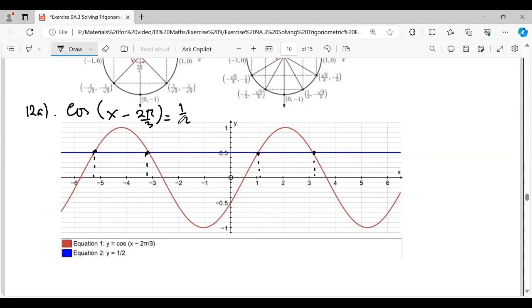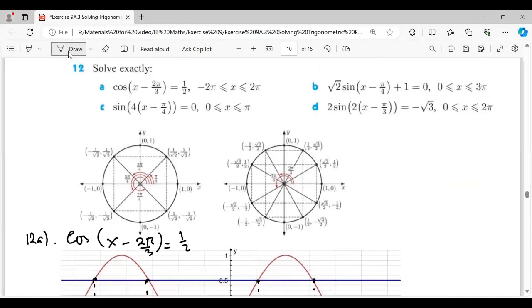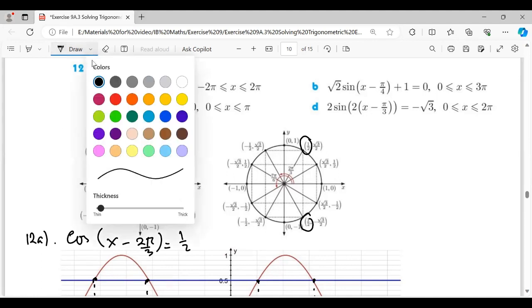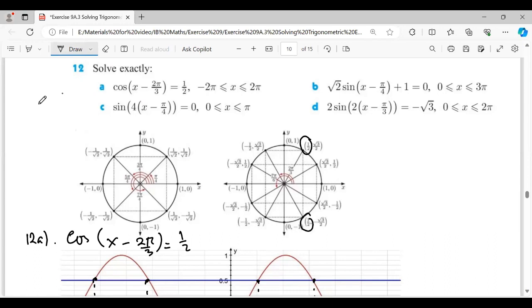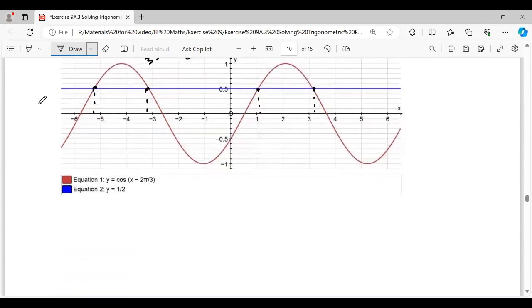If cosine has the value half, this one is cosine, and as well this one. So 2 over 6 and 10 over 6. Right.